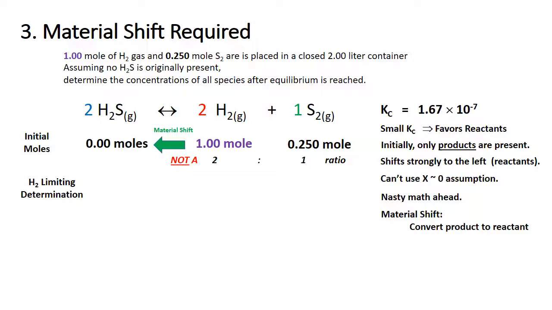That is, we'll use the amount of H2 that we've been given and we'll make a prediction about the amount of reactant H2S that we can produce. But we'll need to do that again for the S2 as well, because we need to determine which of the two products, H2 and S2, is limiting and going to be completely used up, and which one is in excess and is going to have some left over.